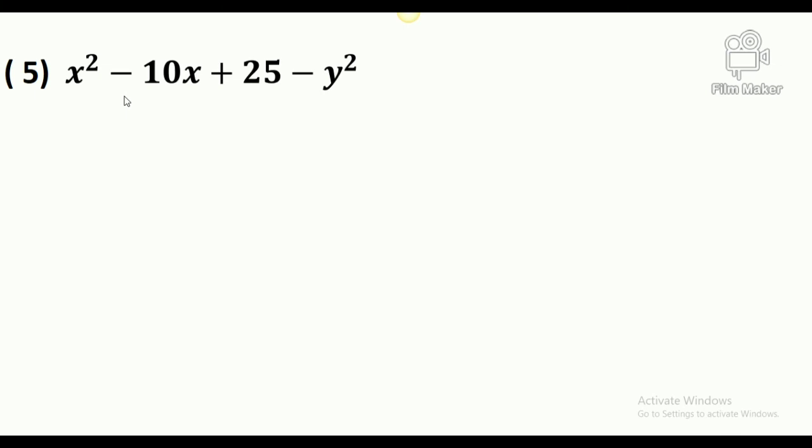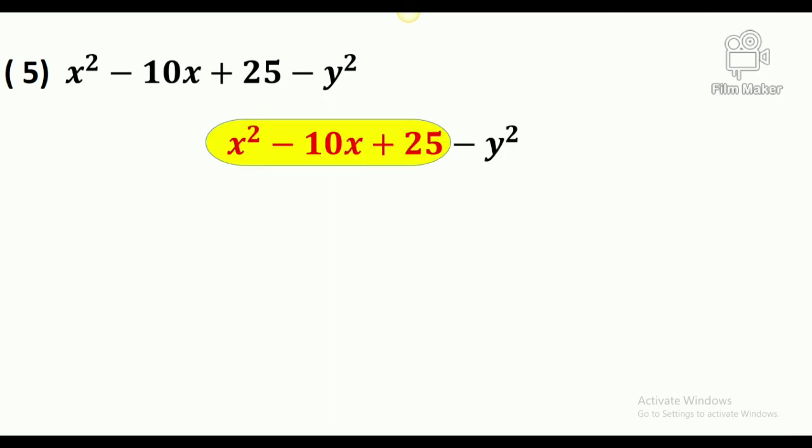Yes, of course, well done. It's a trinomial expression. I can factorize it. So here I will factorize this expression because it's a perfect square. Not a difference, but a perfect square.